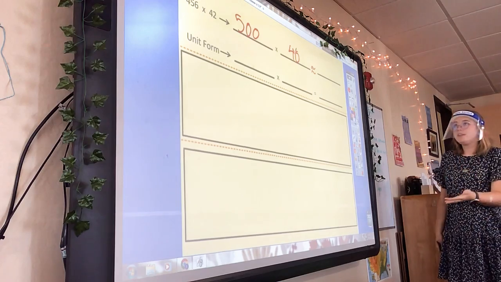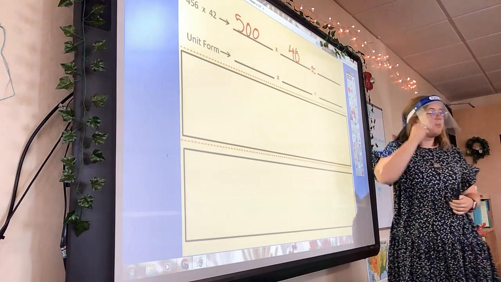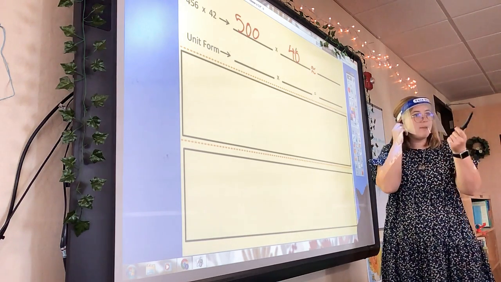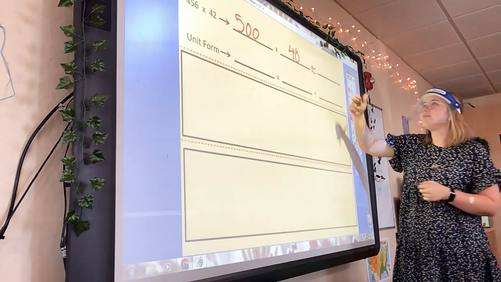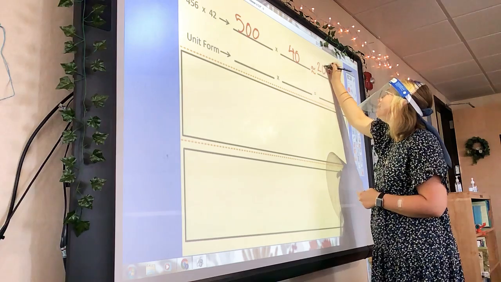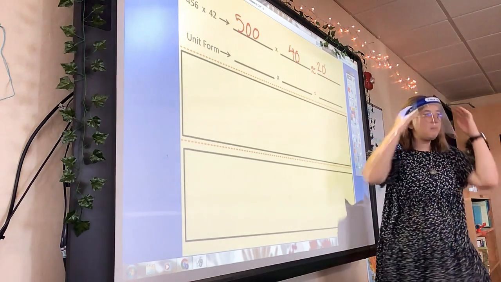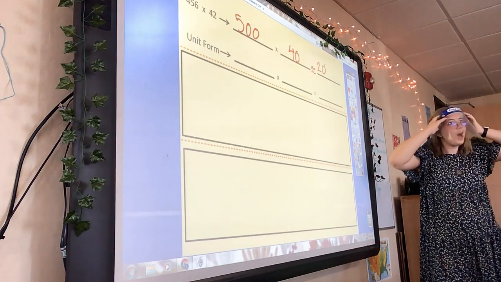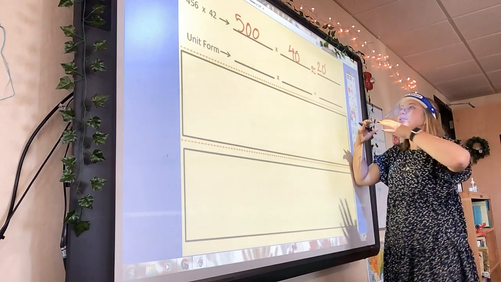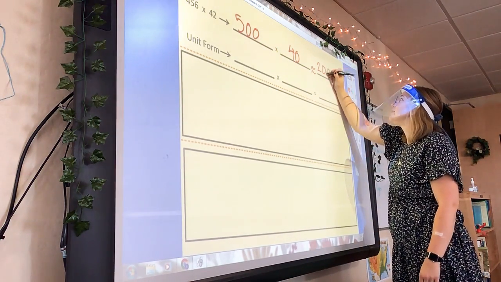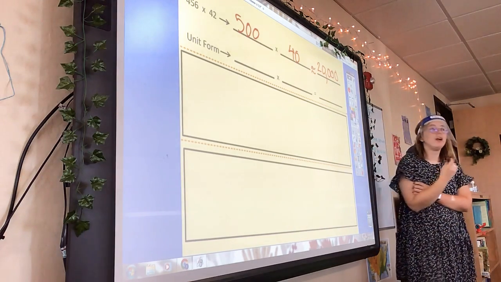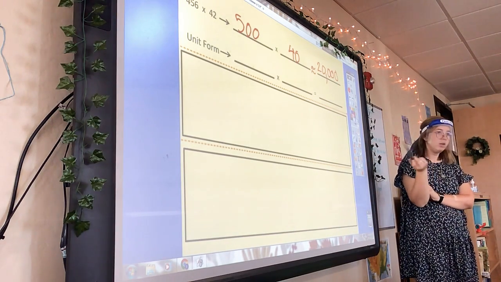Personally, I can look at this and multiply it in my head, which makes it a little more efficient. So 5 times 4 is going to give me 20, and then knowing my place value understanding, I know that I can put in my zeros afterwards. So my answer would be somewhere around 20,000.